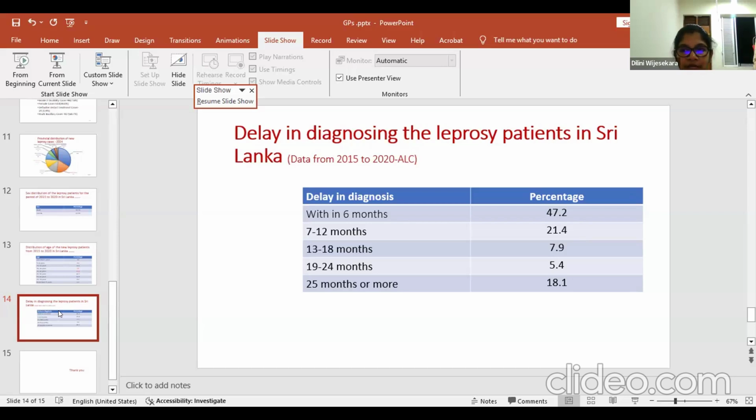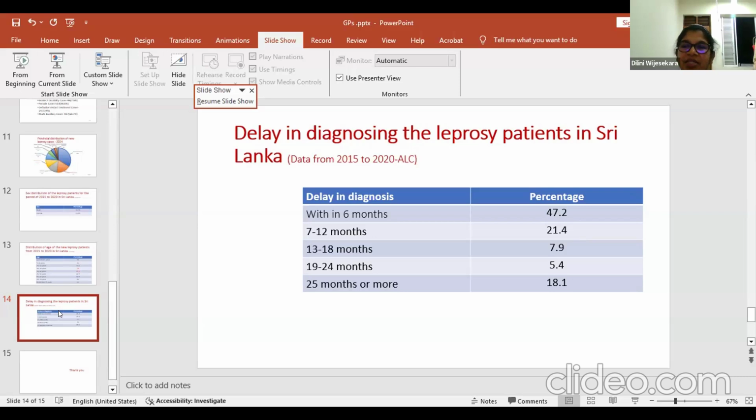And apart from that, what you have to know is the clinical presentation. I think you now know very well what the situation is and why you are an important person in diagnosing leprosy. So I am asking and urging you to keep leprosy in your mind when you are next seeing a patient with a skin rash, because you might not think of it, because we have eliminated leprosy.